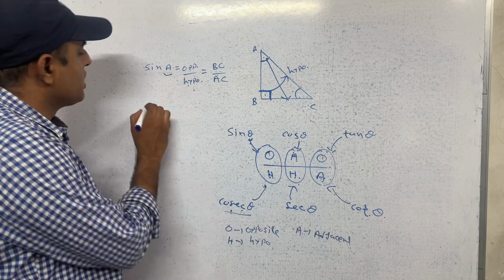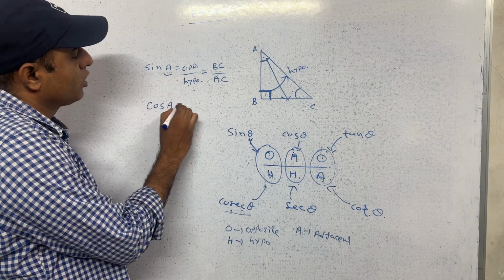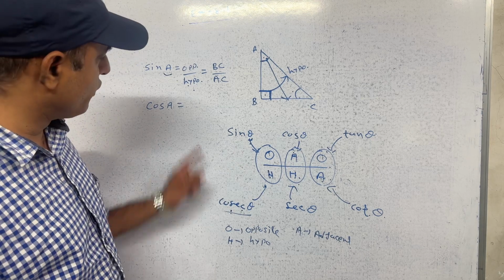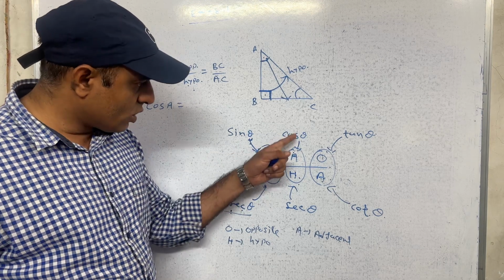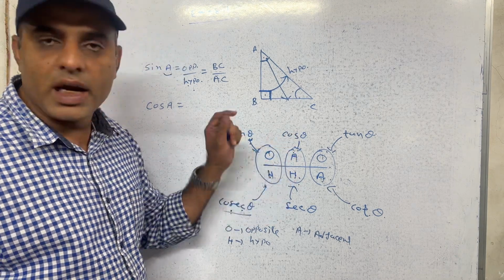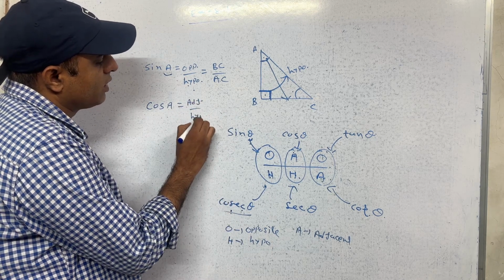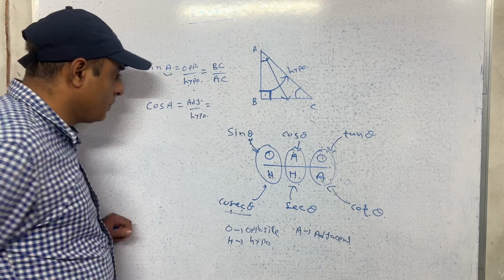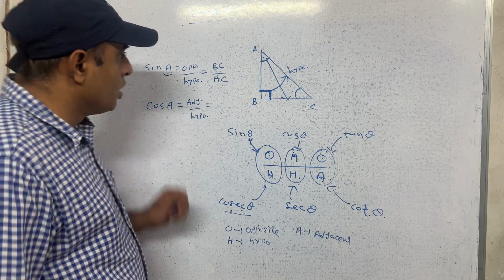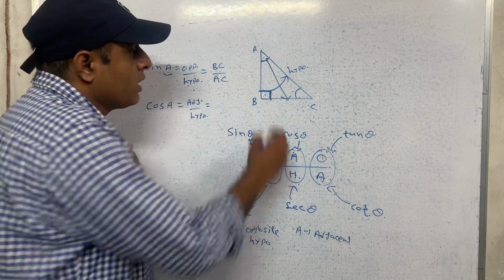Suppose I have written here cos A. From the formula we can see that cos theta is equal to adjacent by hypo. So what is adjacent to A? Angle A is here.